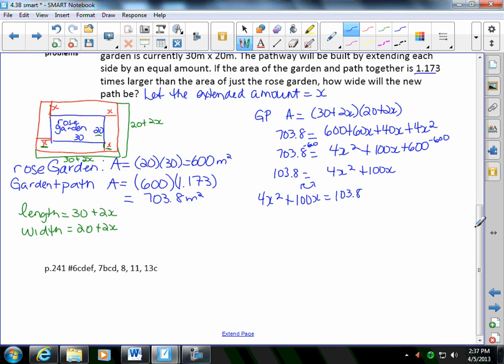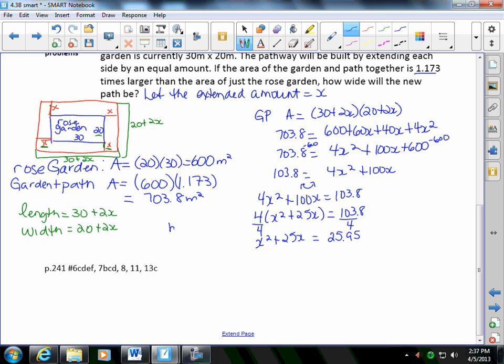So my first step is GCF that 4. So I'm left with x squared plus 25x. I divide by 4. So I have x squared plus 25x is equal to 103.8 divided by 4, which is 25.95. Okay, so now I can complete the square.